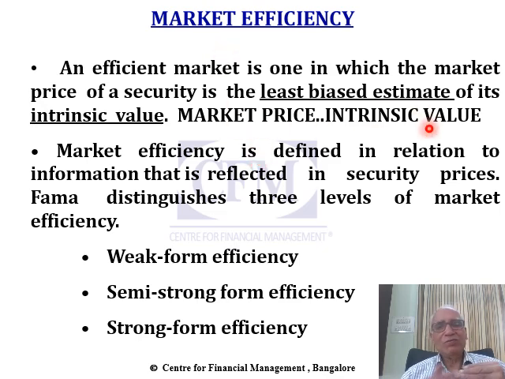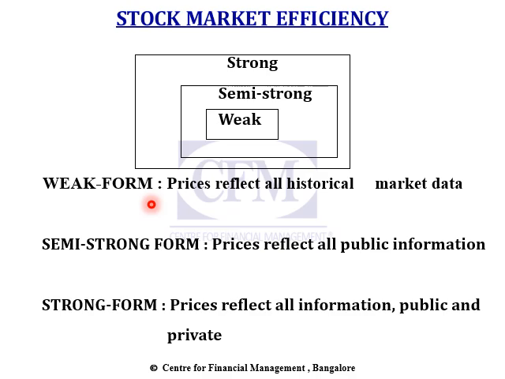Market efficiency is defined in relation to information that is reflected in security prices. Eugene Fama, a Nobel laureate in economics, distinguishes three levels of market efficiency: weak form efficiency, semi-strong form efficiency, and strong form efficiency. What does Eugene Fama mean by these? Weak form efficiency means that current prices reflect all historical market data.